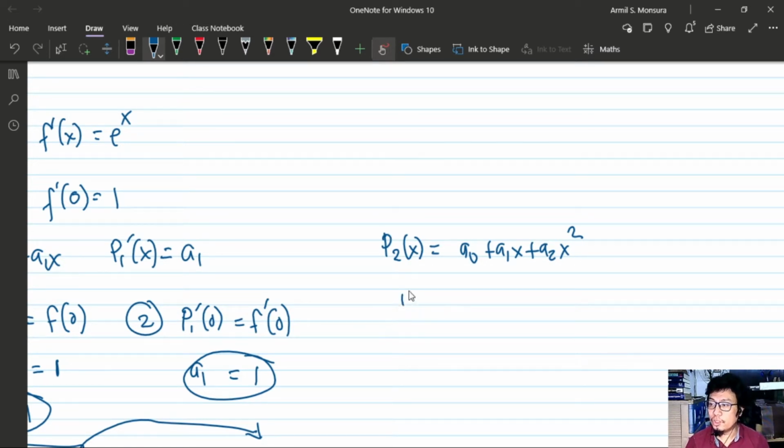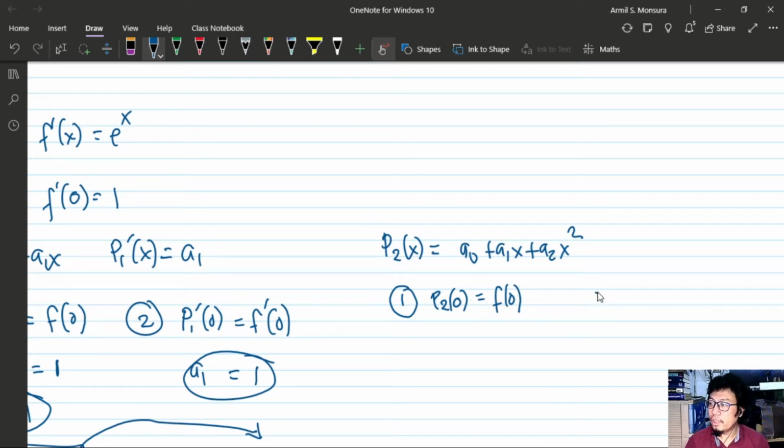the first condition requires that, since we're creating an approximating polynomial that is centered around 0, P2 of 0 should be equal to f of 0.